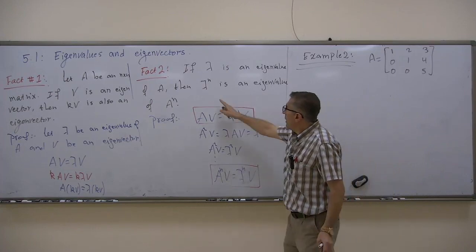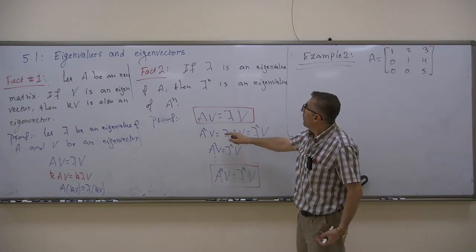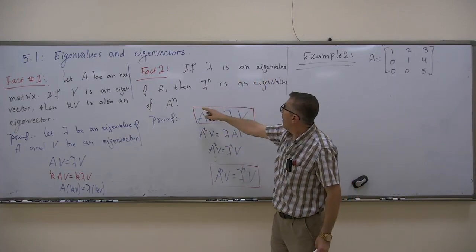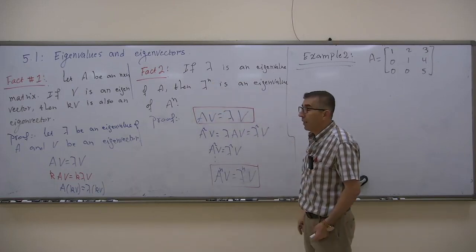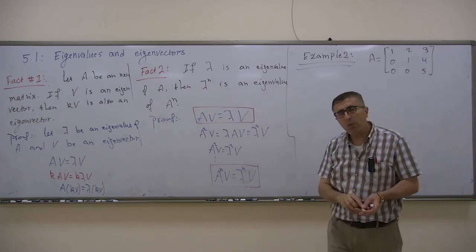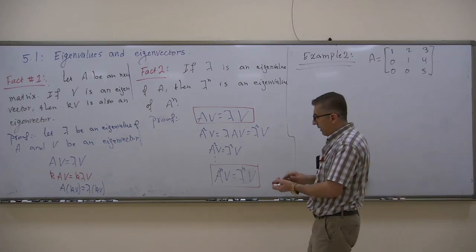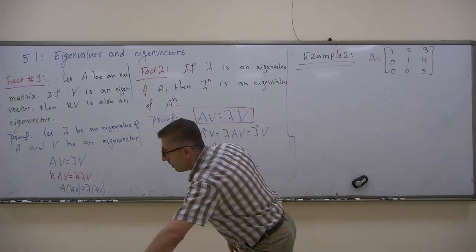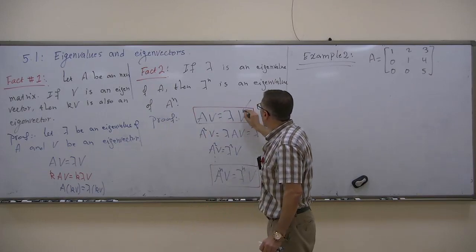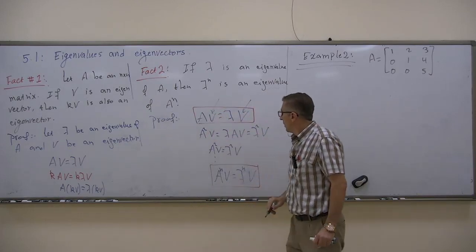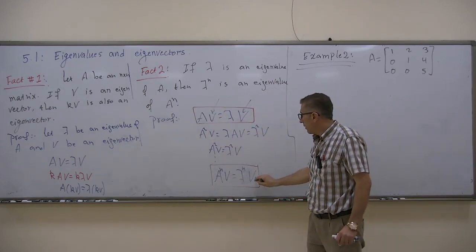By the way, in this fact here, when I said lambda is an eigenvalue implies lambda to the n is an eigenvalue, I can ask you, well, what happens about the eigenvector? Well, this stays the same here.